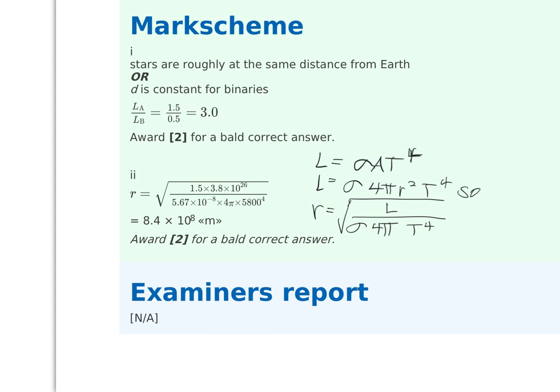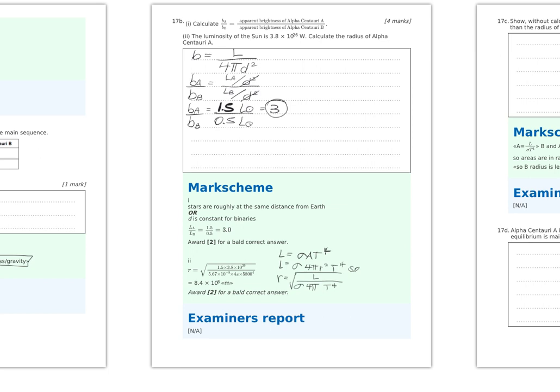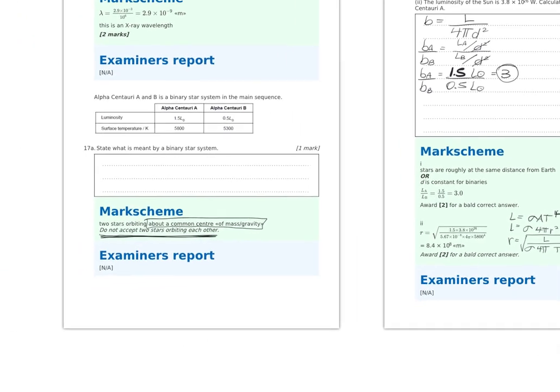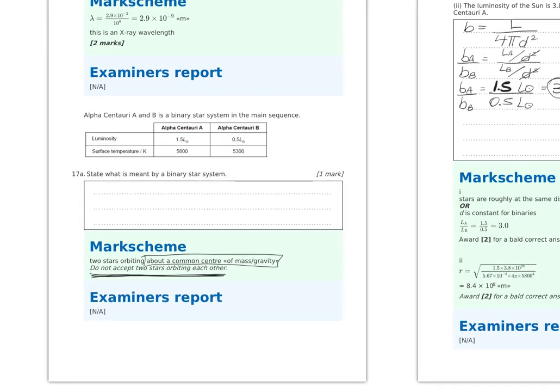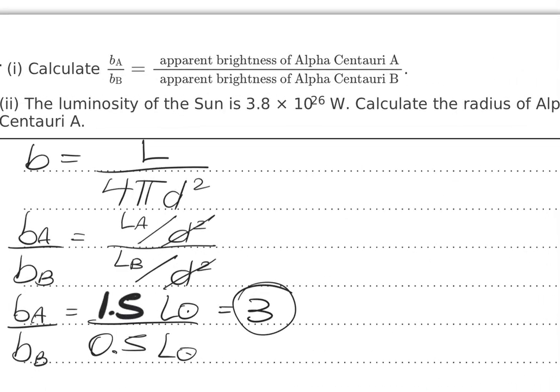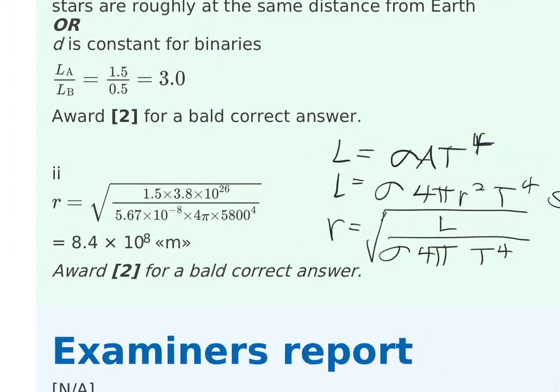Now this 1.5 times 3.8 times 10 to the 26 is because Alpha Centauri A's luminosity is 1.5 the luminosity of the sun, and the luminosity of the sun is given as 3.8 times 10 to the 26 watts. That's where that is coming from.